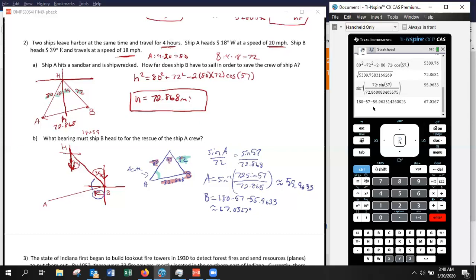Were those the three? Nope, it was these. So that was working with the side-side-angle case, which is where ambiguity comes into play.